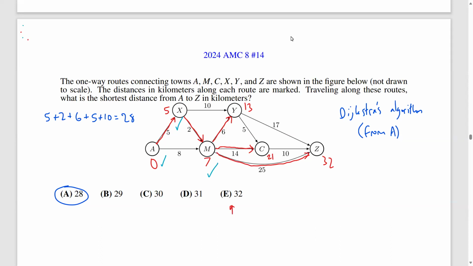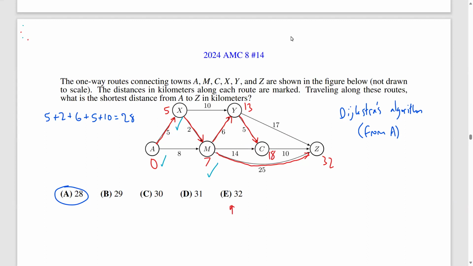Okay, next, starting with Y, we look at the edges going outward from Y and update the distances accordingly. So the distance from Y to C is 5. So if we take the route from Y to C, this gives us a path from A to C of length 18.